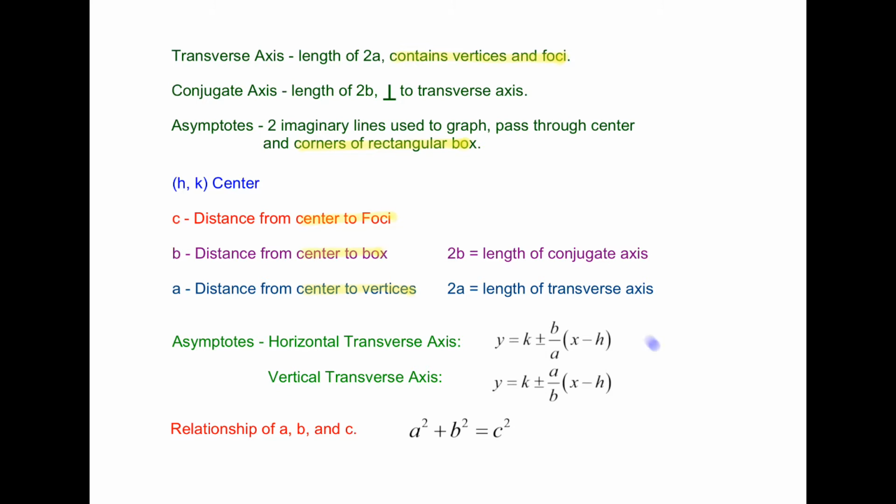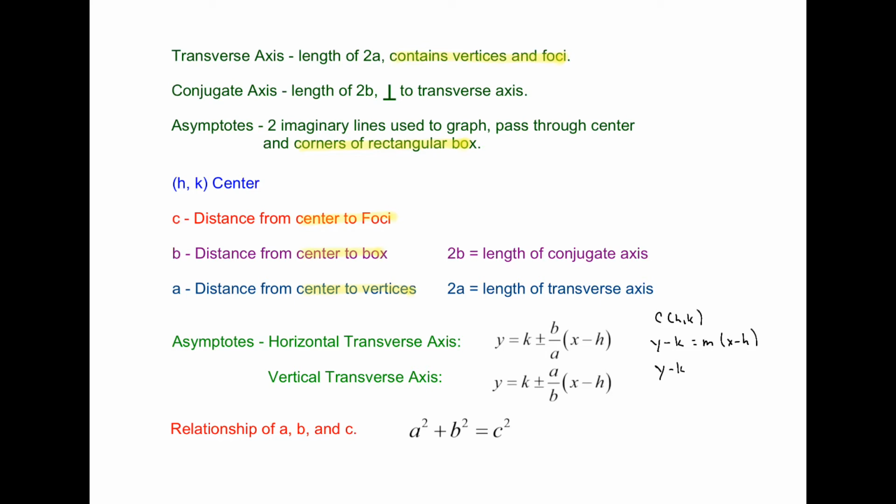This is actually the equation using point-slope form of the center, (h, k), and then those distances a and b. So it's y minus k is equal to your slope times (x minus h). But our slope is our rise over run, and that's that rectangular box that we're talking about.